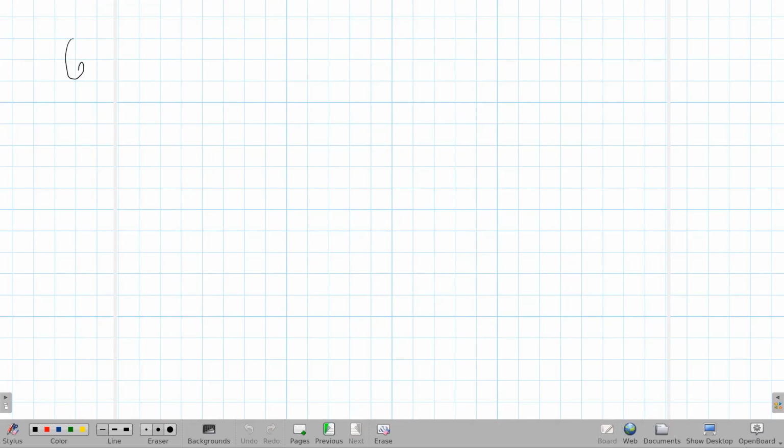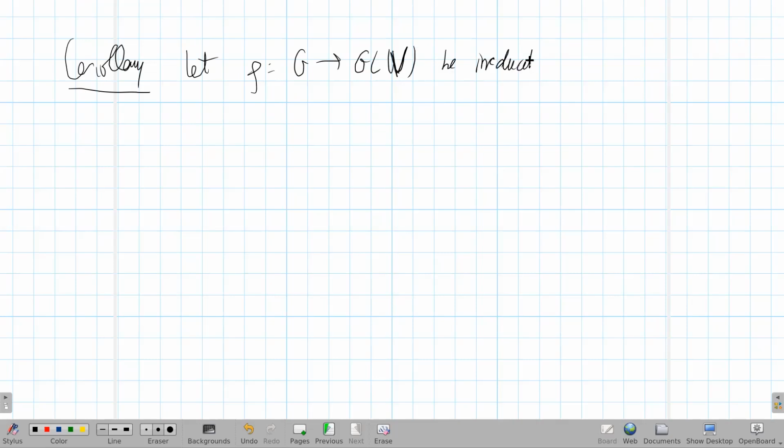So this important corollary, which will play a role immediately: we take a single representation, which is irreducible, and we assume that f from V to V is an isomorphism.